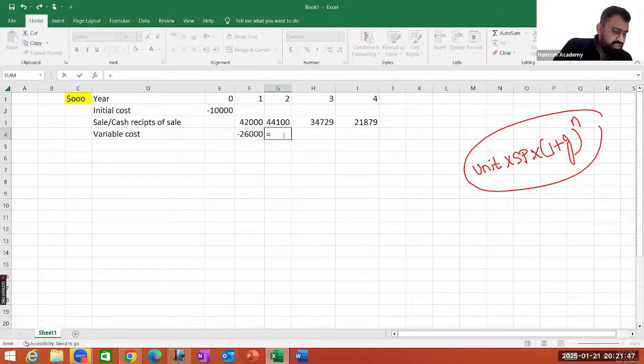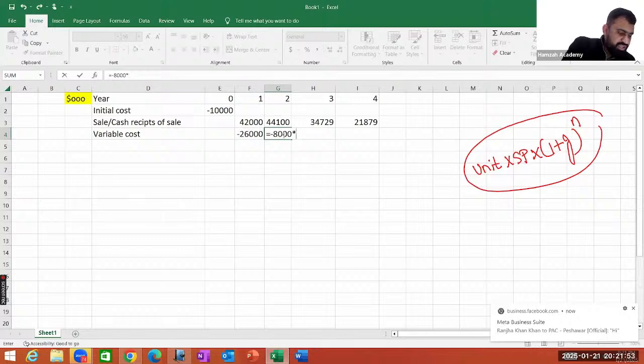Then in year 2, we have 8,000 units, and let's say the variable cost is $2.5 again, and the inflation rate is 4%, so 1.04, but this time raised to power 2.